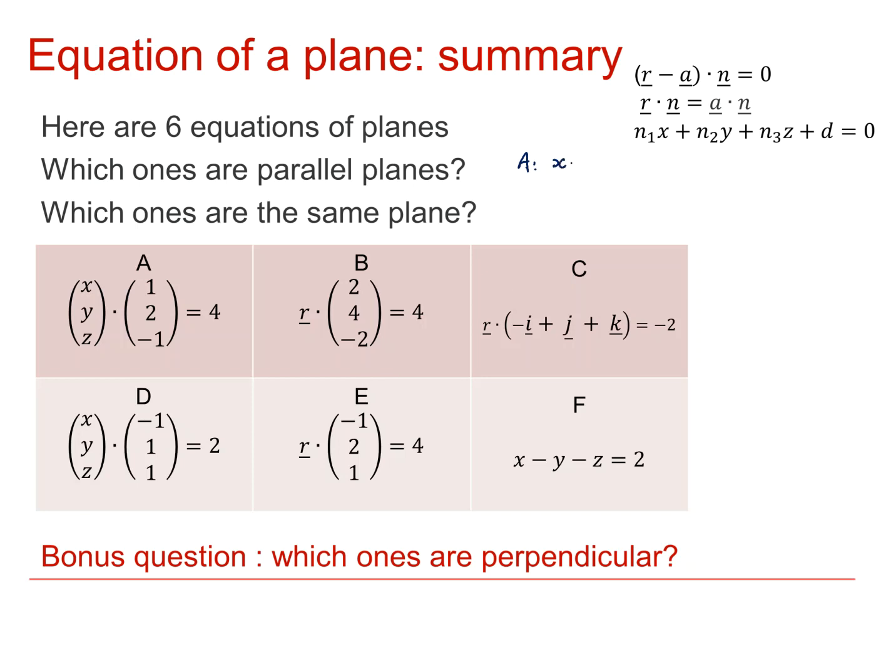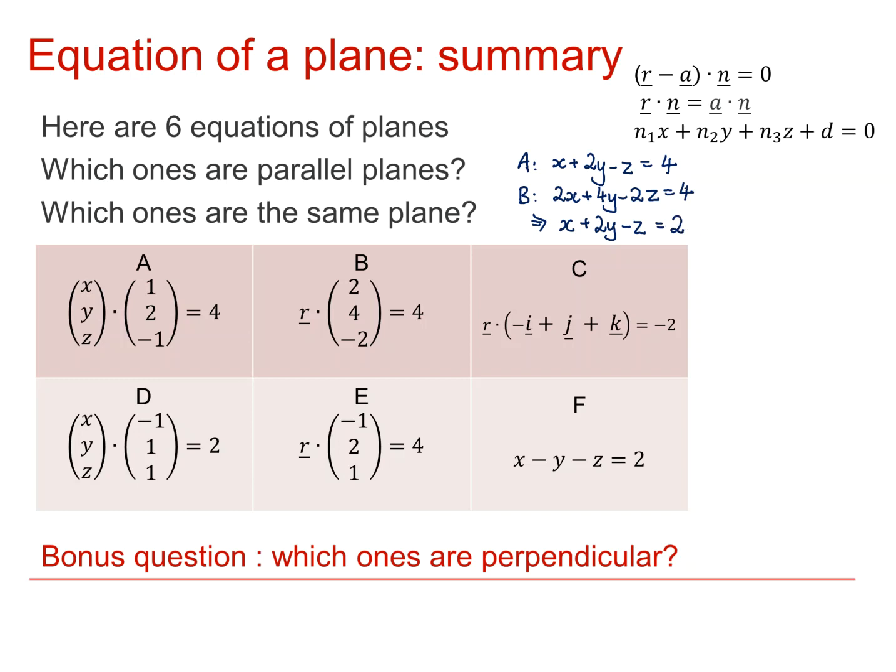Plane A is x plus 2y minus z equals 4. Plane B is 2x plus 4y minus 2z equals 4. And you can see that we can divide through by 2 to get x plus 2y minus z equals 2.